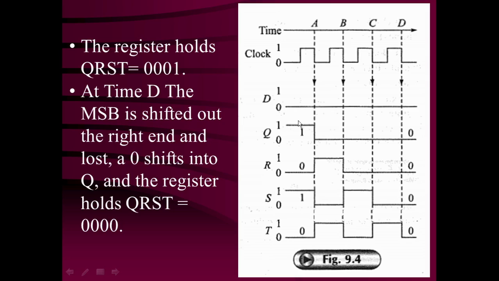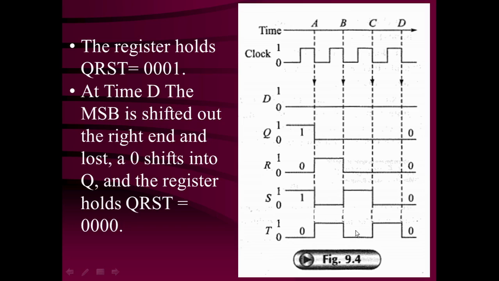You can see that. Prior to the instant of time A, the LSB, which was 0, appears at the output of the shift register. After the next clock edge, the second LSB appears at the output, and the first LSB has come out of the shift register and is lost. After the second clock pulse, the third LSB, which was 0, has appeared at the output.